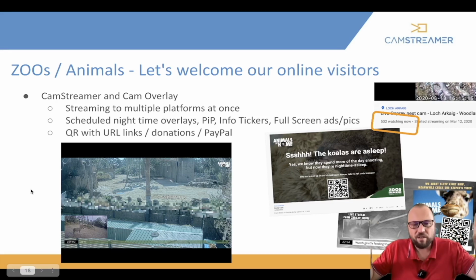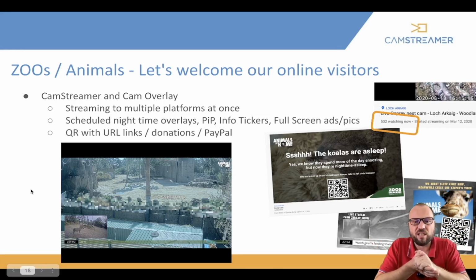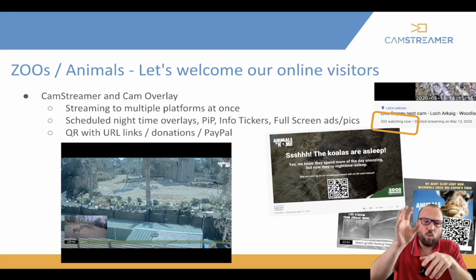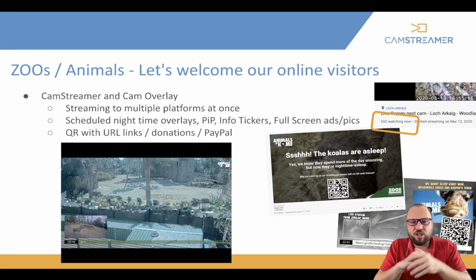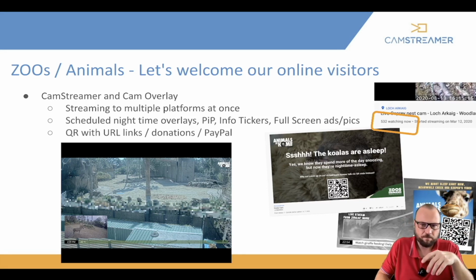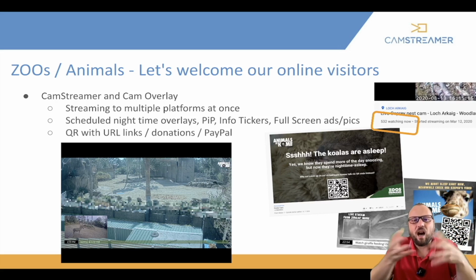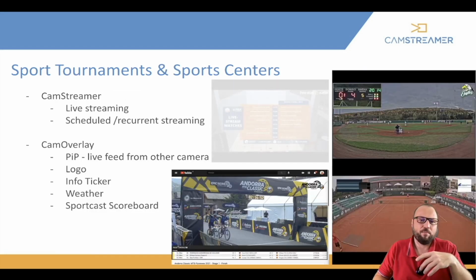So they are using privacy mask to respect privacy of the visitors and display a giraffe cam with logo in the corner, picture-in-picture from a zebra cam, and an info ticker with additional information. So you can combine all those beautiful features of cameras and our CamStreamer and CamOverlay app.